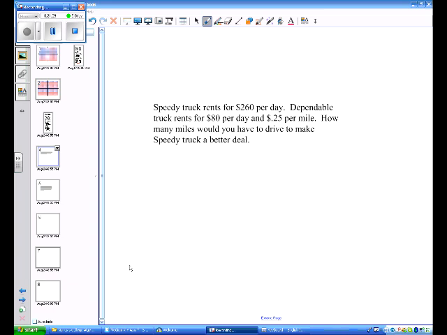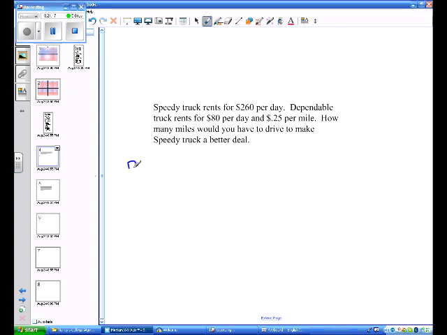And so we're basing it on how far we are going to drive. So let's look at it this way. We've got Speedy Truck, and it's at $260 per day.